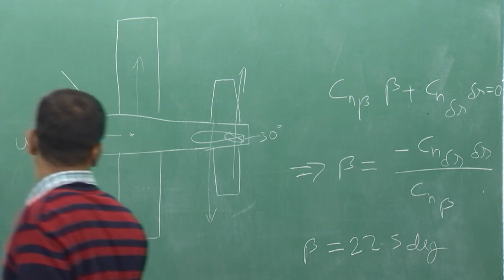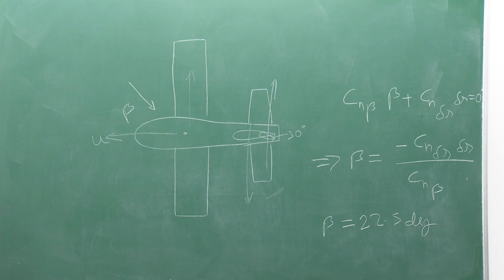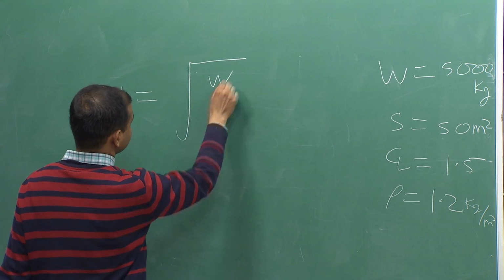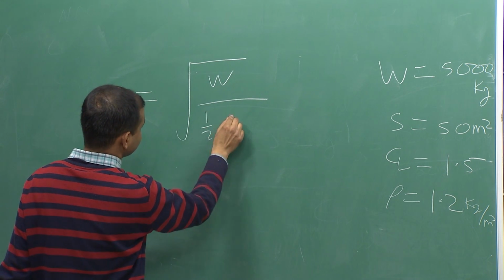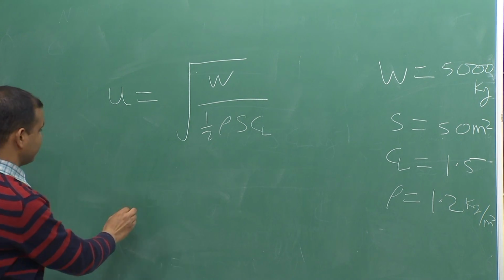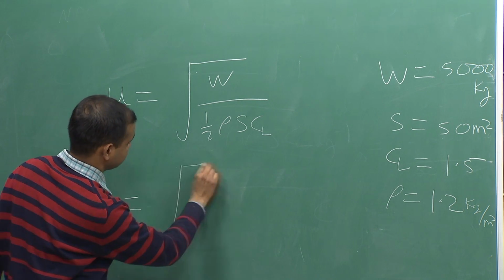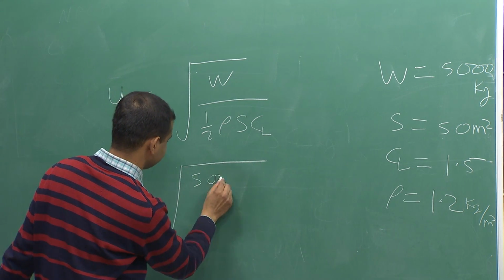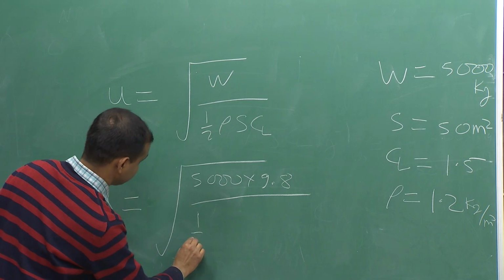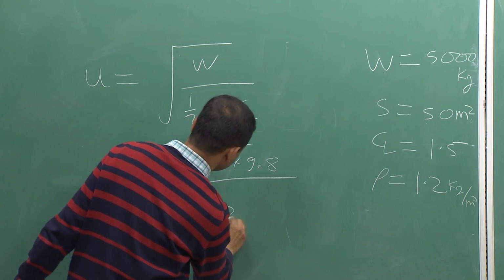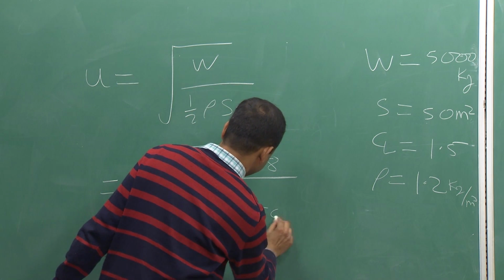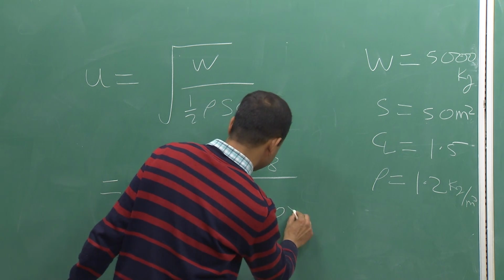So, now let me calculate the value of this forward speed u, and I can write u is equal to root over W by half rho S CL during the landing, and if I substitute these values, 5000 into 9.8 gravitational constant, half rho is given to us 1.2 kg per meter cube, the area is 50 meter square, and the CL is 1.5.